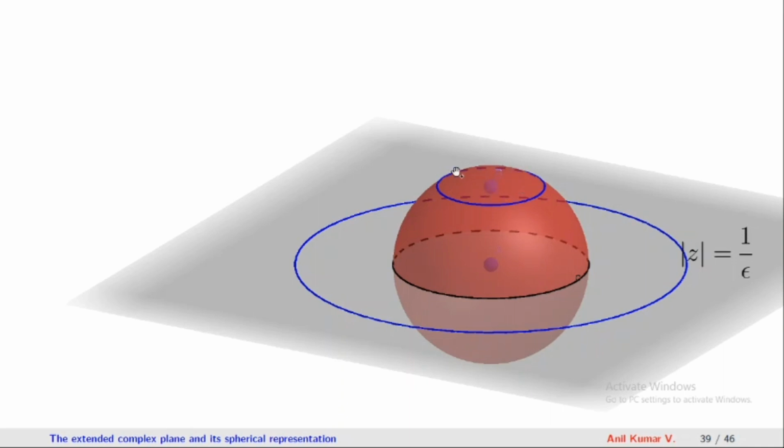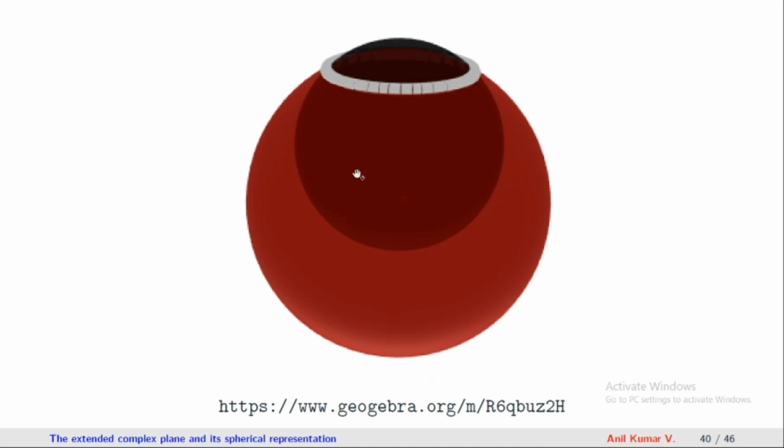is a patch at the top of the sphere, and the image of infinity is the north pole. This patch can be considered as the intersection of S2 and a sphere in R3, but the intersection of S2 and a sphere in R3 is an open set in S2.